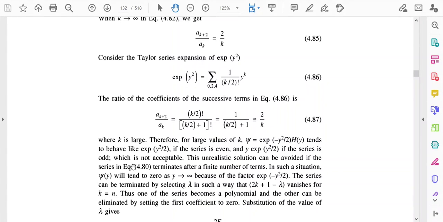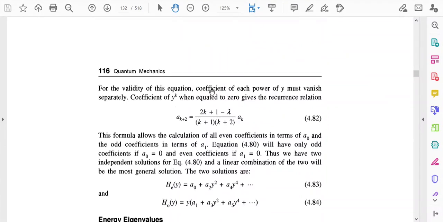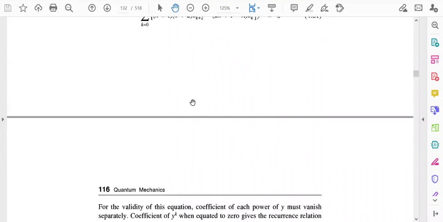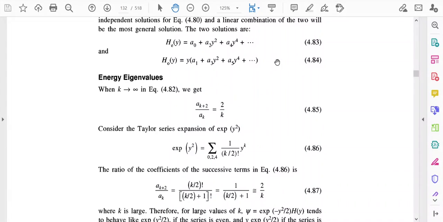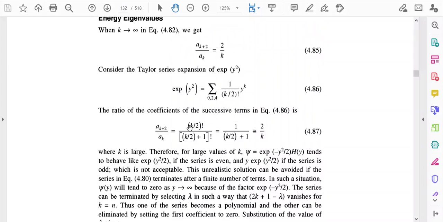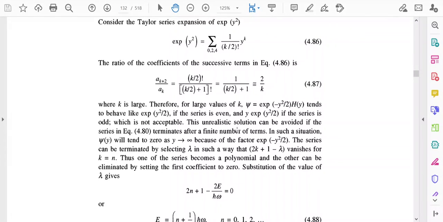Otherwise, if we take the solution in the previous way, then psi is not acceptable. Because if we expand h in series, from this process we have learned that if we take the whole series, then the solution contains the term e to the power y square by 2. That is not acceptable.